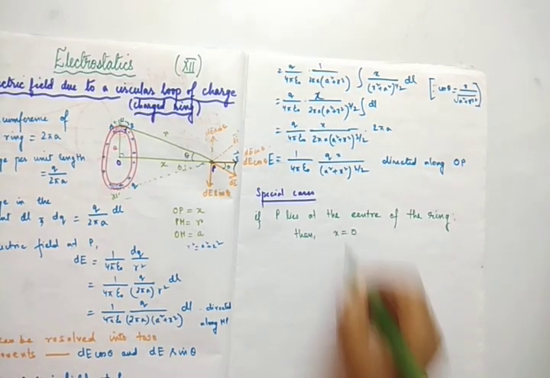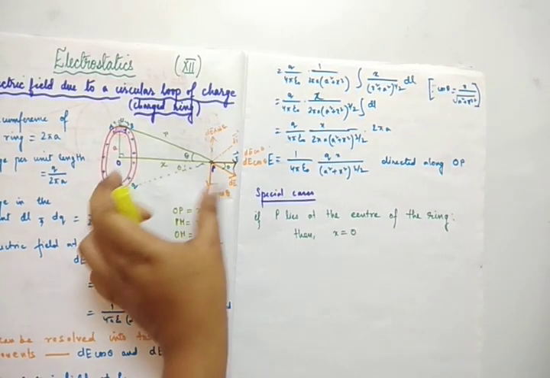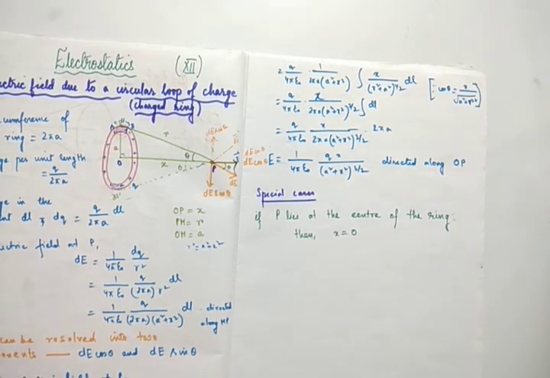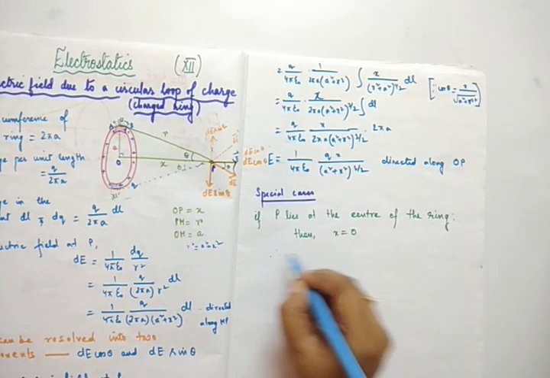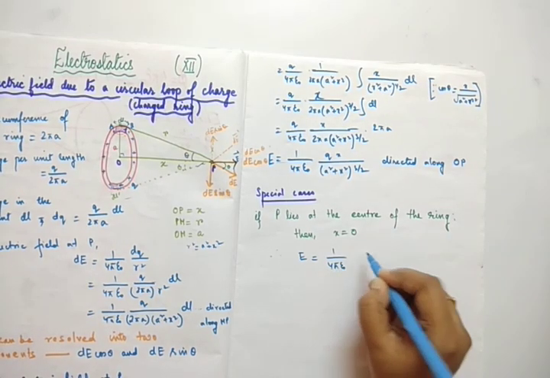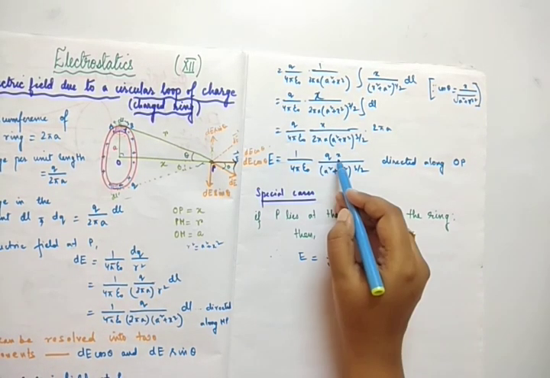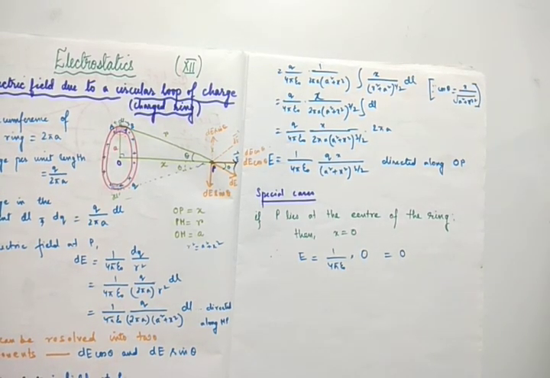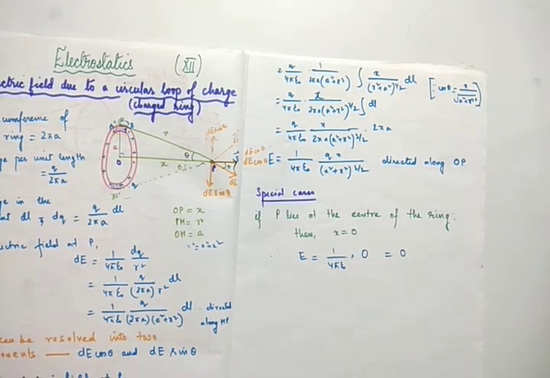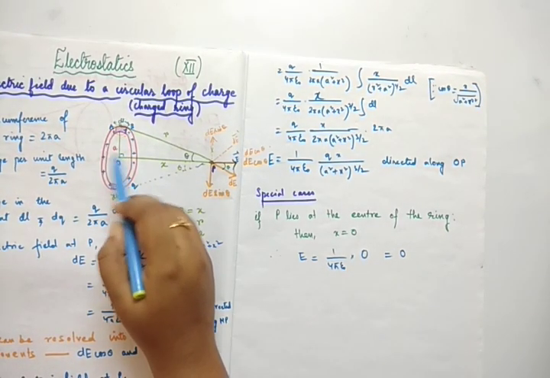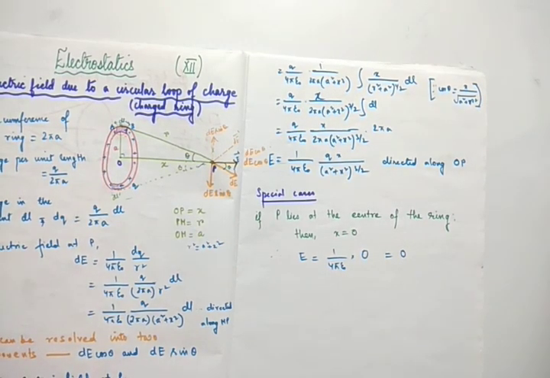Then x will be 0, because this distance is not there, P is here. Therefore the electric field will be 1 by 4 pi epsilon naught into this quantity, where x is 0, so it will be 0. So what can you conclude from here? That there is no electric field at the center of the charged ring. Remember this.